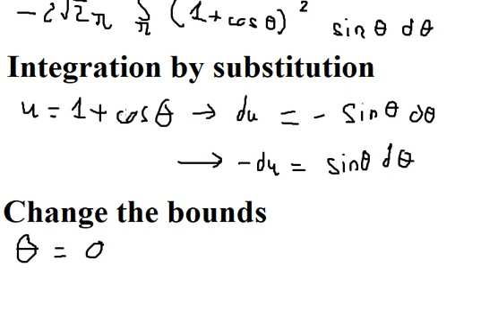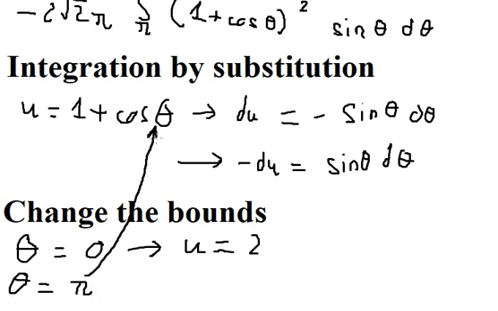1 plus cosine 0, we have u equals number 2. When theta equals π, I will put π on here, and we have u equals 1 plus cosine π, and we have u equals number 0.